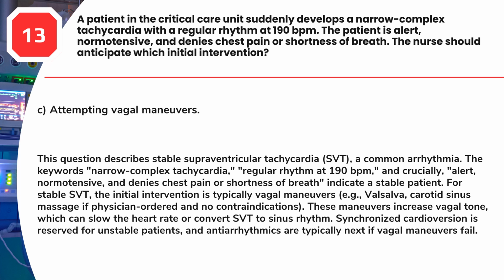For stable SVT, the initial intervention is typically vagal maneuvers, e.g., Valsalva, carotid sinus massage if physician ordered and no contraindications. These maneuvers increase vagal tone, which can slow the heart rate or convert SVT to sinus rhythm. Synchronized cardioversion is reserved for unstable patients, and antiarrhythmics are typically next if vagal maneuvers fail.